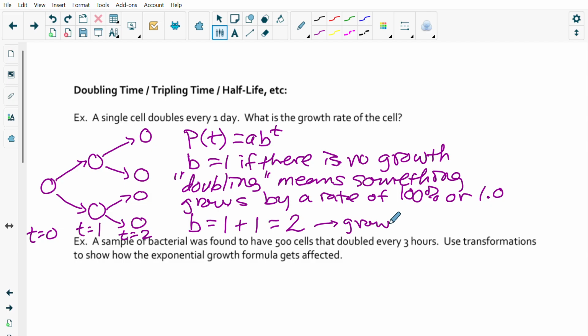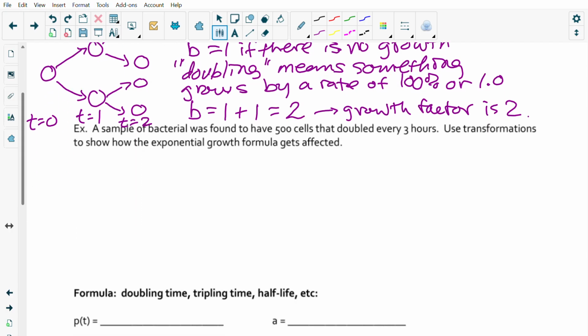So the growth factor is 2. Okay, let's take a look at an example. A sample of bacteria was found to have 500 cells that doubled every 3 hours. Use transformations to show how the exponential growth formula gets affected.